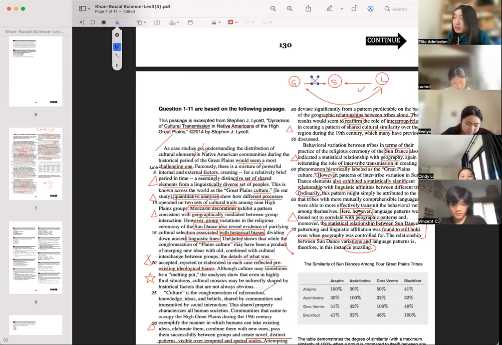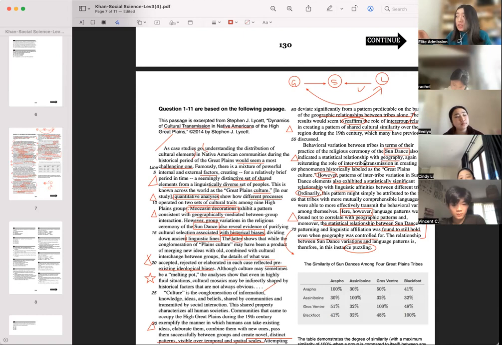Does it mean it refutes the previous sentence here? No, it says even when geography is controlled. So when geography is an independent factor, the linguistic relationship still holds. So that's something to be careful about, right? Geography, of course, would have some influence on what can affect the Sundance. That's another point that is already mentioned here.